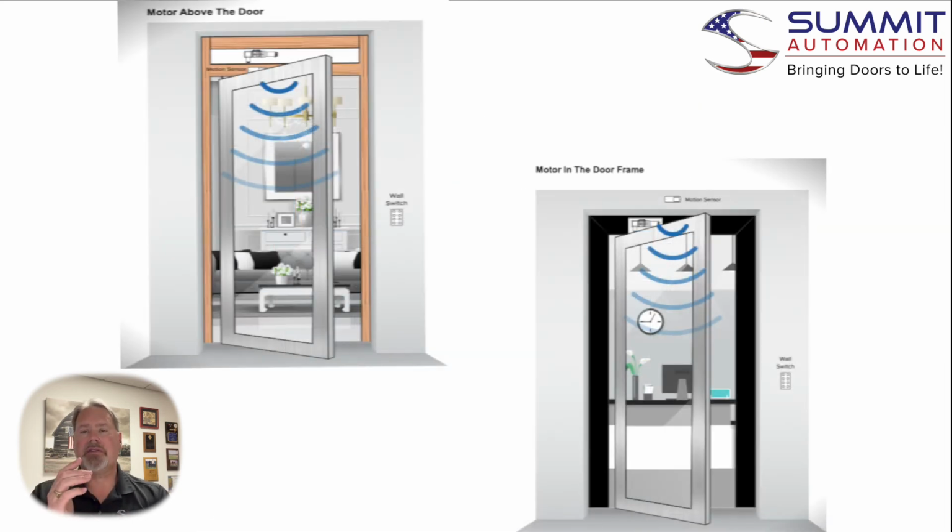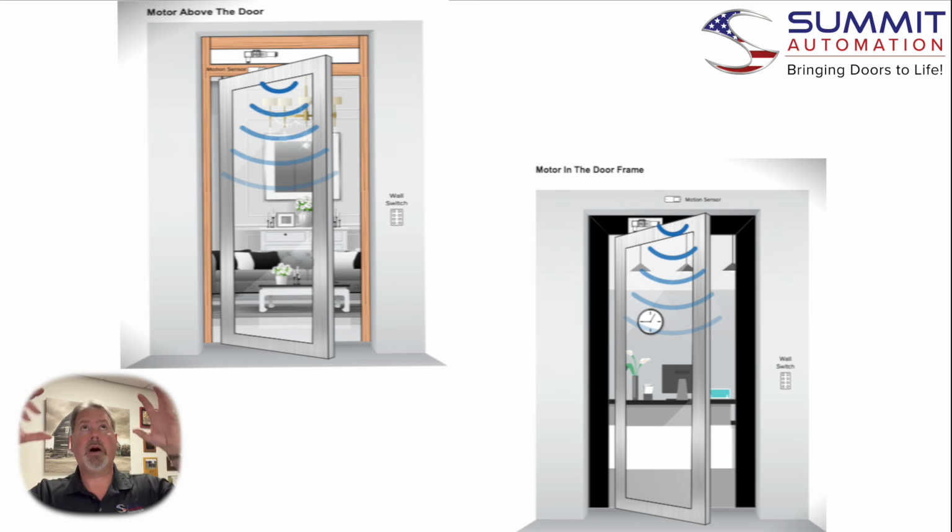Our last configuration I would like to talk about is our pivot motor. Our pivot motor can be above the header, or it can be within the header. If it is within the header, it's typically an aluminum or a steel tube, a 4-inch by 4-inch quarter wall thick, and the motor can be placed inside that tube.